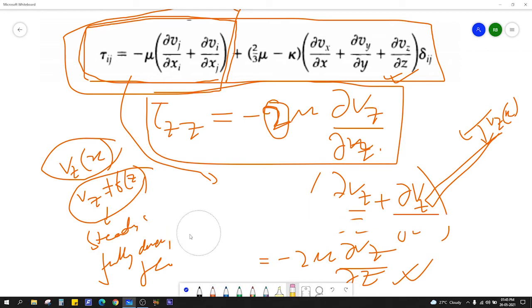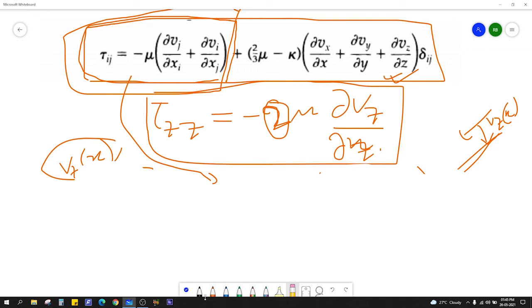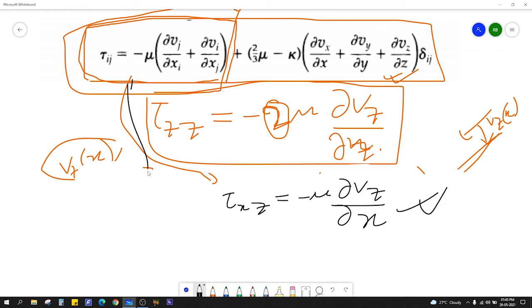Okay, now I will tell you a different case. You might ask why tau xz is equal to minus mu dou vz by dou x, right? This is the formula. But let's get this same value with this formula.